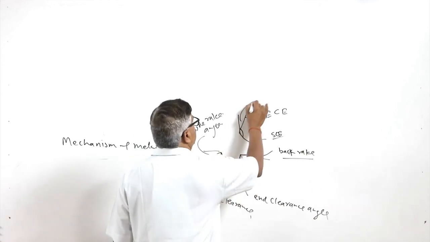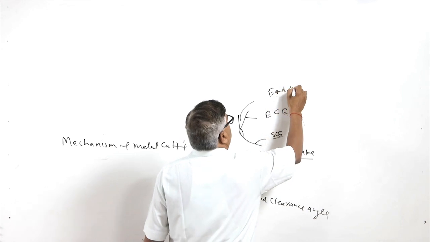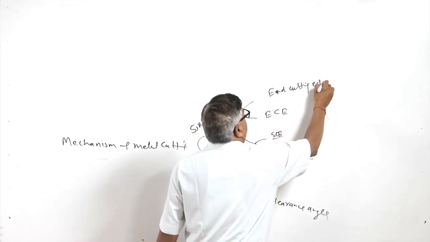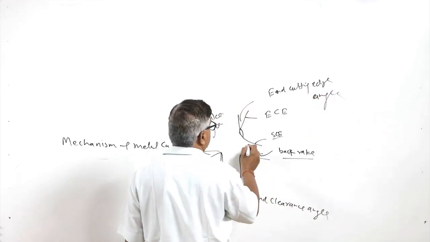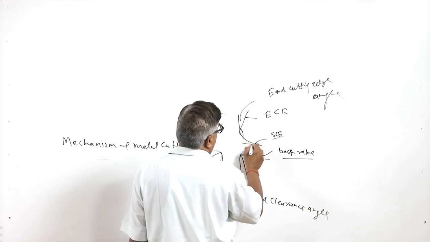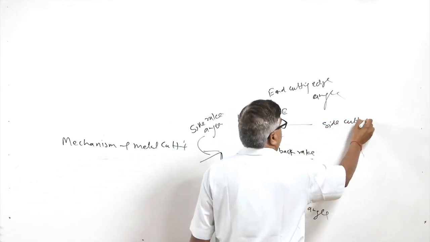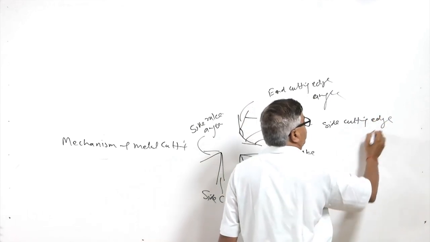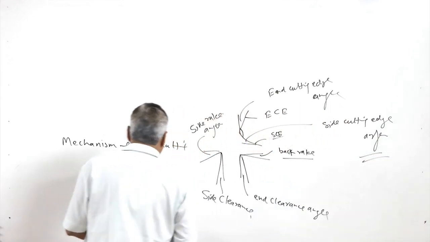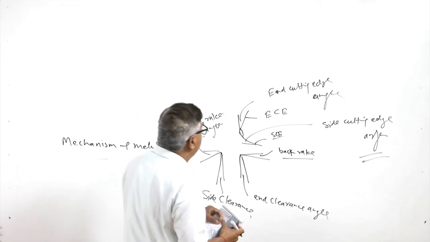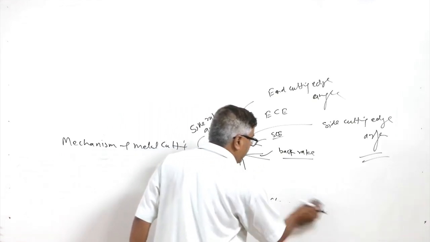This angle is termed as end cutting edge angle, and this angle is termed as side cutting edge angle. So, all these are the angles of the single point tool when it is seen from the different directions.